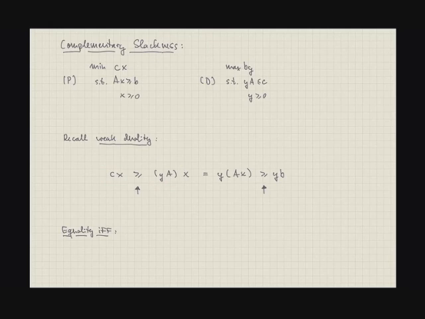Once again, because c is larger or equal than y times a. And also, because I want to have larger or equal here, I have to be careful, because if x would be negative, this would reverse the sign. So this is true only if x is also non-negative, right?